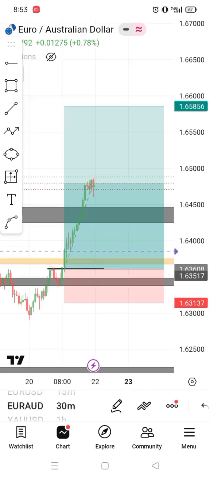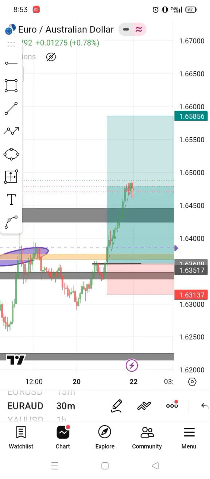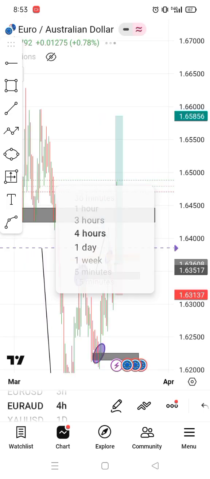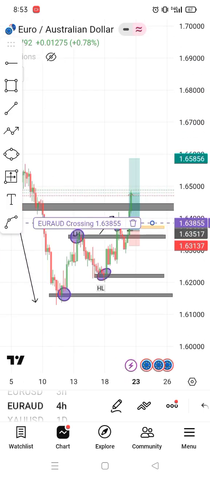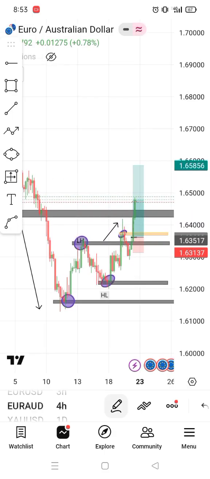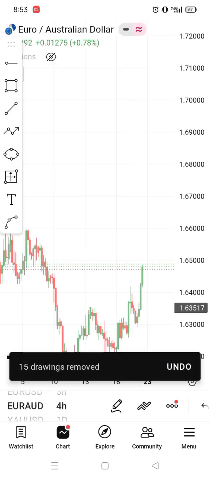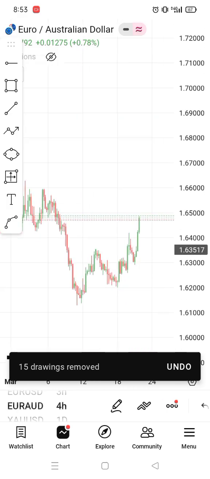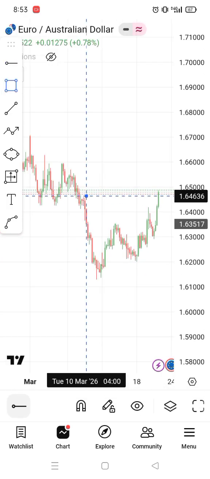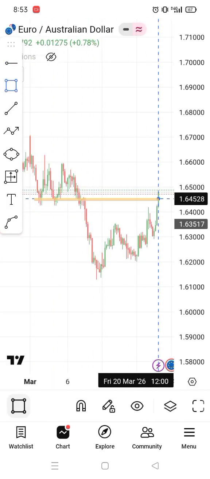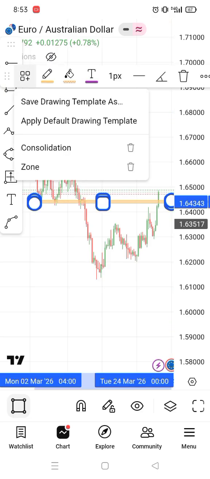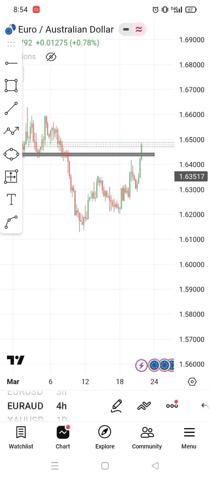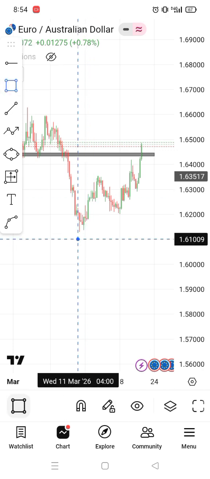So yeah, so I've seen the price. Remember that price already made... wait, let me clear it. So remember that we do a break here, right? Break of support, and then ended up making a low in the market.